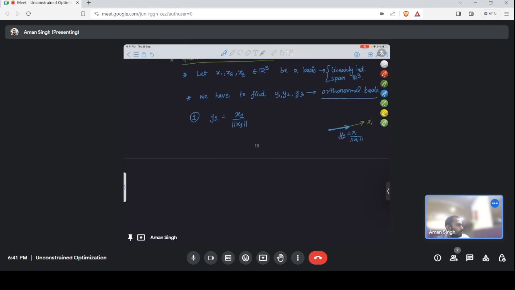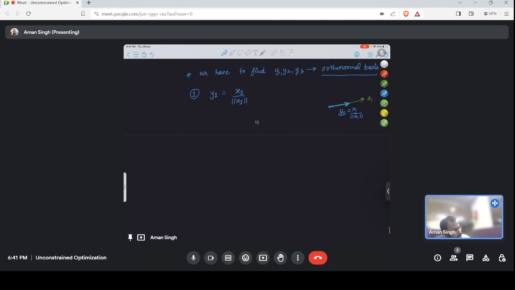Now, let's say we want to find the second orthonormal vector in the basis. Let's say this is x1, and this is x2. We already found y1.